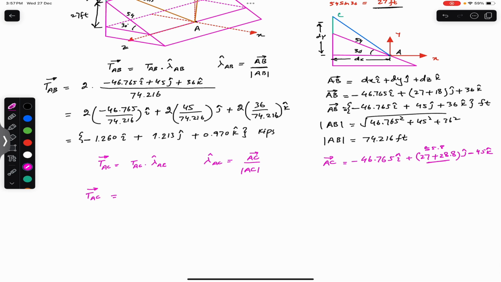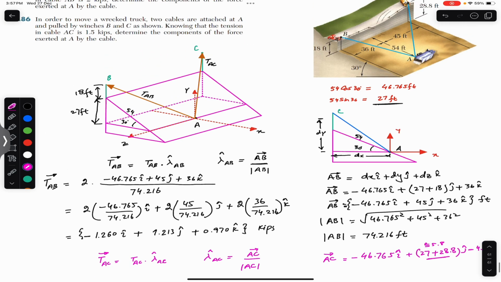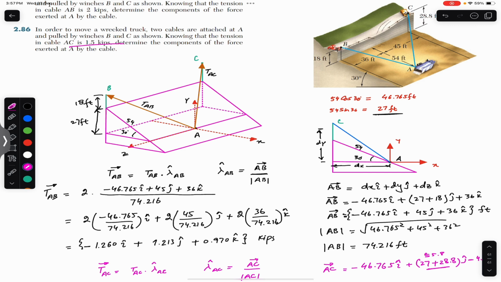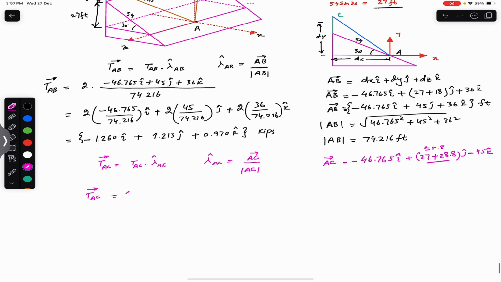Now we can say that the tension from A to C vector is magnitude times the position vector. The magnitude is given in the problem statement, that is 1.5 kips. So 1.5 into the position vector from A to C, which will be minus 46.765i plus 55.8j minus 45k.